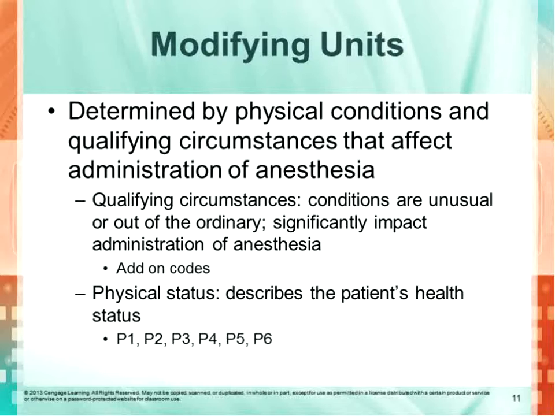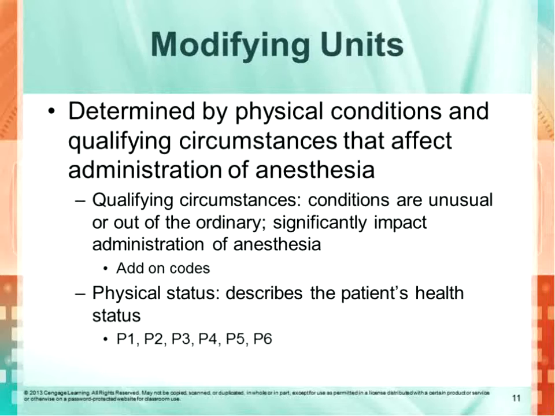All right. And so if you look at table 4.2 on page 94, you see your physical status modifiers, P1 through P6. So P1 will be your normal, healthy patient. P6 is a declared brain dead patient whose organs are being removed for donor purposes. So there's two extremes there.